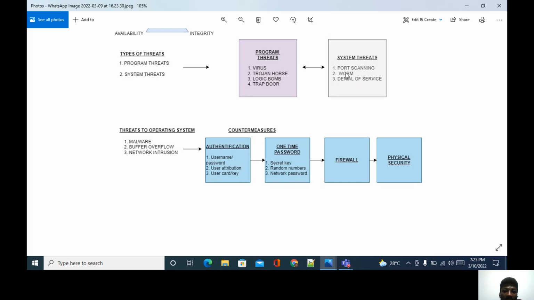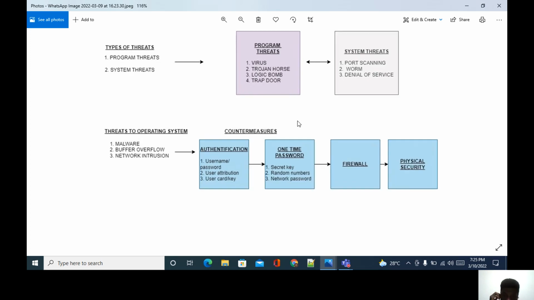Okay, then how can we maintain operating system security, or how can we ensure operating system security? The first one is authentication. We use usernames and passwords to make sure the system is secured. Or we also have user attribution and user card or user key.